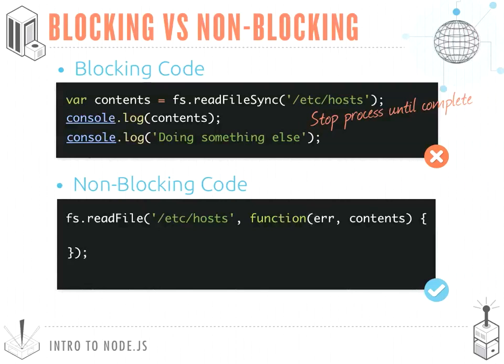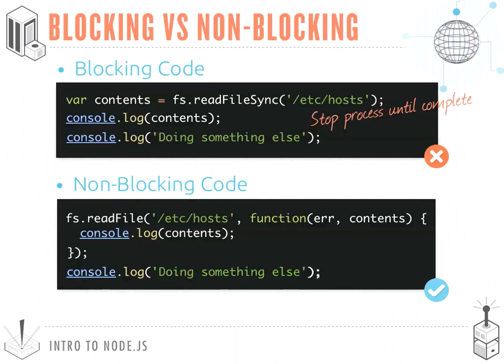We're actually sending in a function as the second parameter to readFile. That's our callback. And when we get the contents, log the contents, and then we can say doing something else. So when we execute this, as we mentioned, it's going to start reading the file. It's then going to continue execution, and when it's done reading the file, it's going to print out the contents at some point in the future.